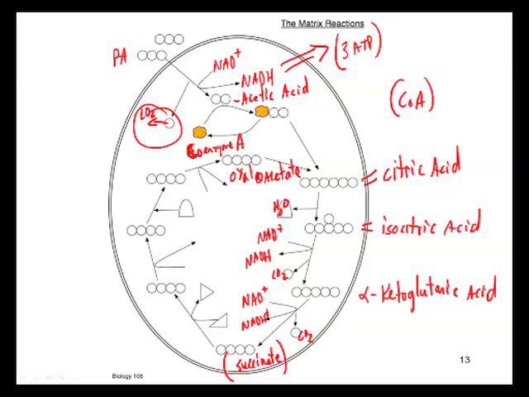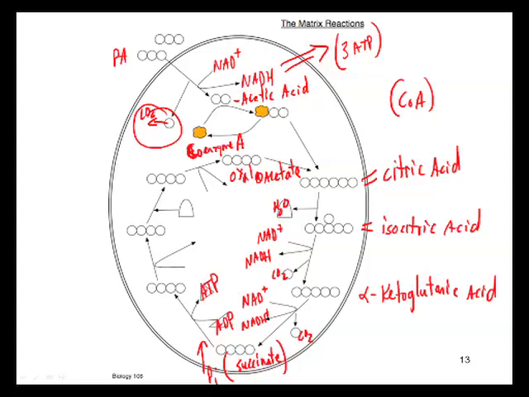Now at this point, it's just a matter of getting back to the oxaloacetate to run the cycle again. Now what happens here is that a phosphate gets added. And in the process, what we get is an ADP becoming an ATP. So we do get a molecule of ATP forming directly here.